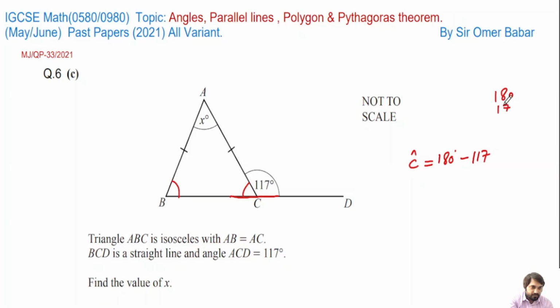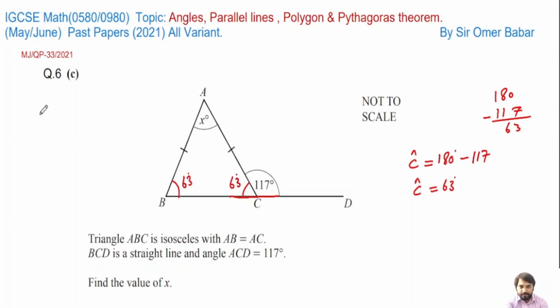So we have 63 degree. Angle C is 63 degree. It means the other angle, angle B, is also 63 degree.